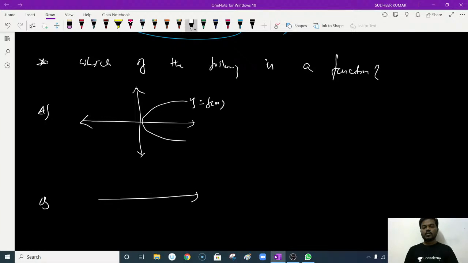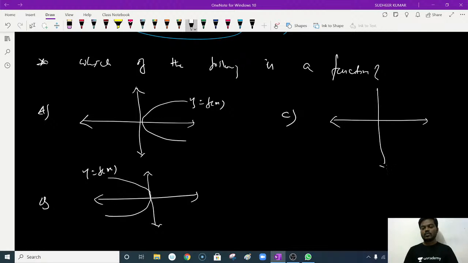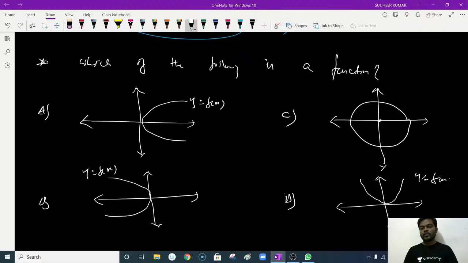Option B: this is the x-axis and y-axis. It is also y equal to f of x, another graph. And if you go to this function, x square plus y square equal to r square, it gives a circle, right? And option D is y equal to x square. The parabola opens upwards. So this is also y equal to f of x. It is nothing but x square.